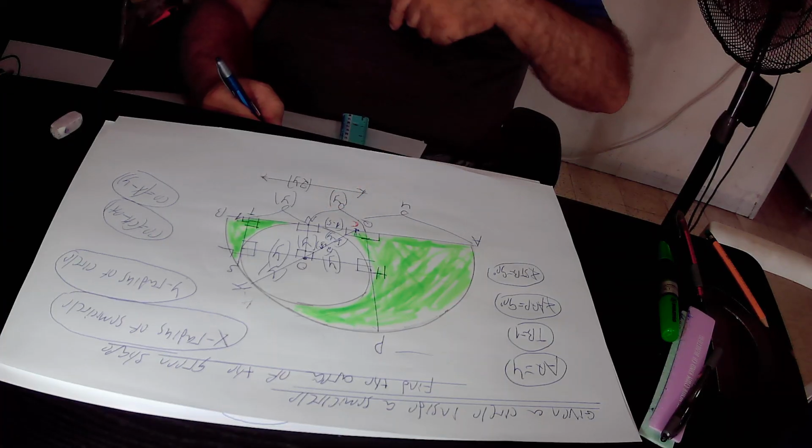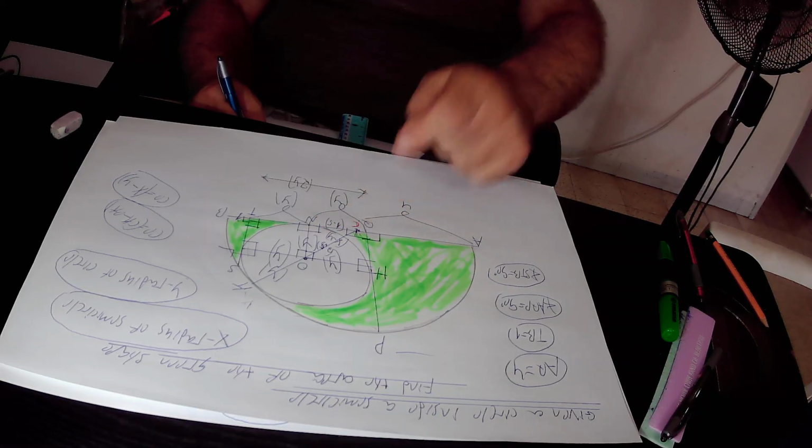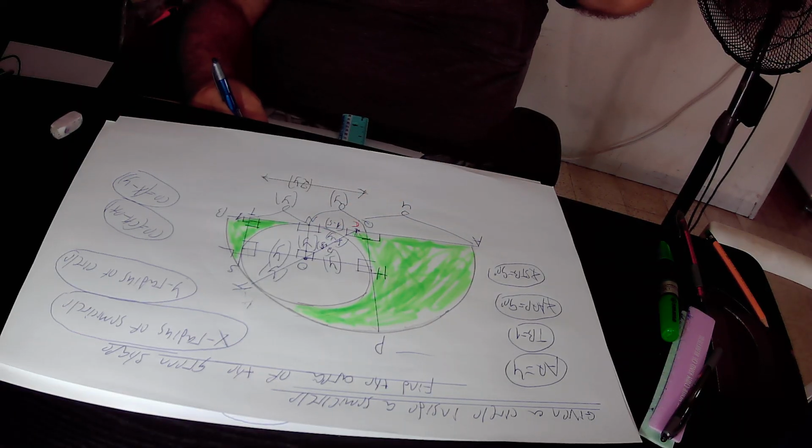Side ON of the right triangle ONC equals 1 unit in its length. It is the radius of the small circle.